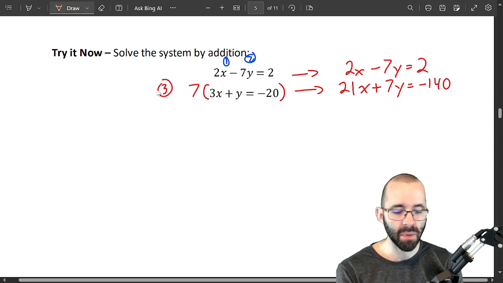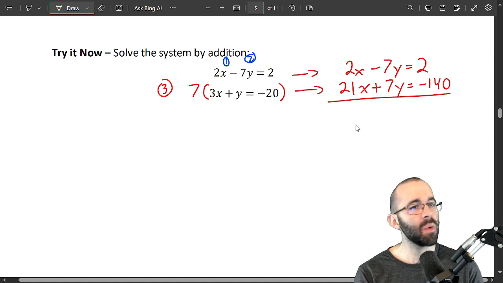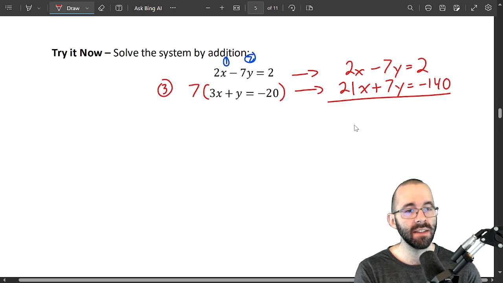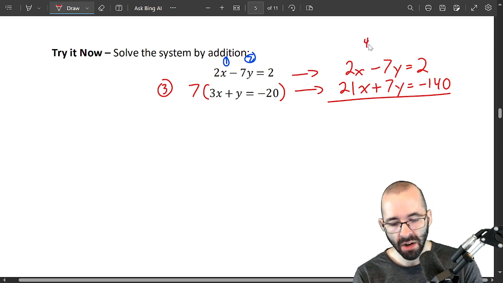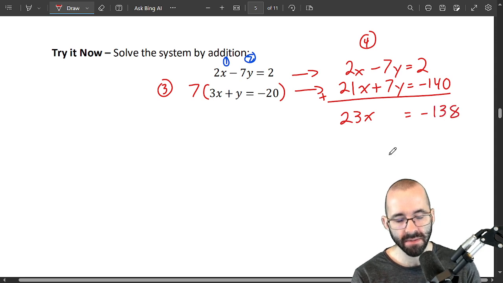So that's step 3. And this is really nice because now our x's aren't going to cancel, but when we add our equations together, the y's will cancel, right? So we can do step 4 and add these equations together. When we do that, we're going to get 23x's and 0y's equals negative 138.